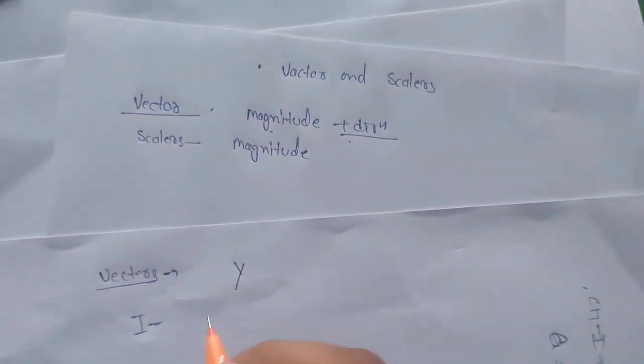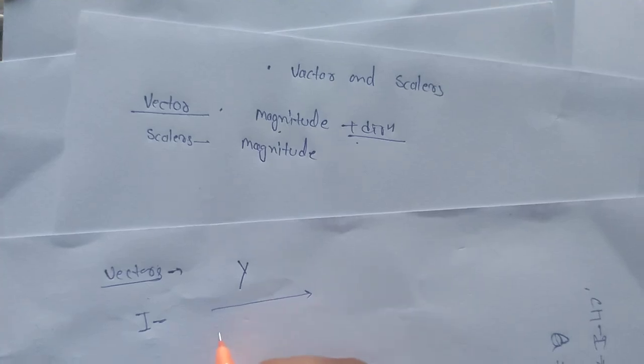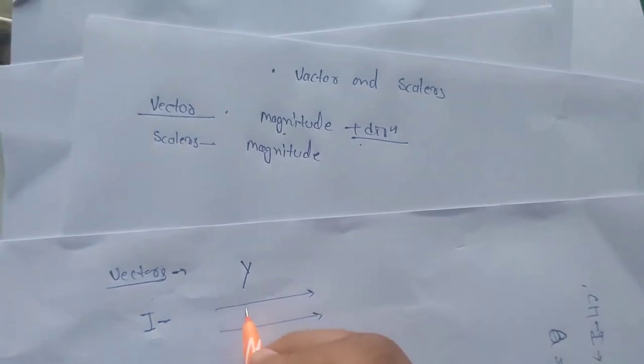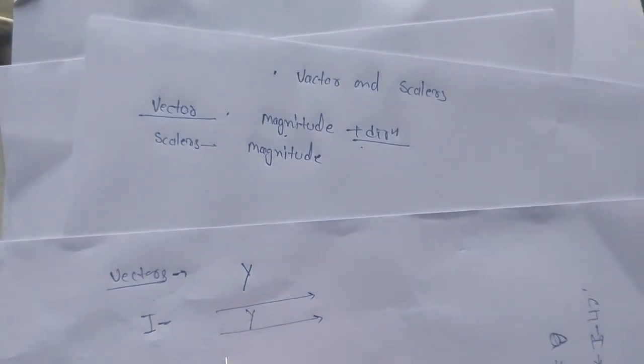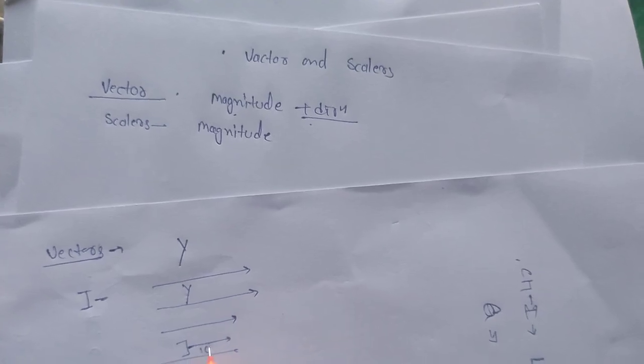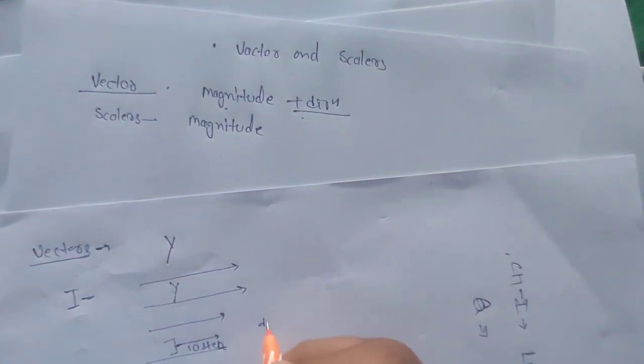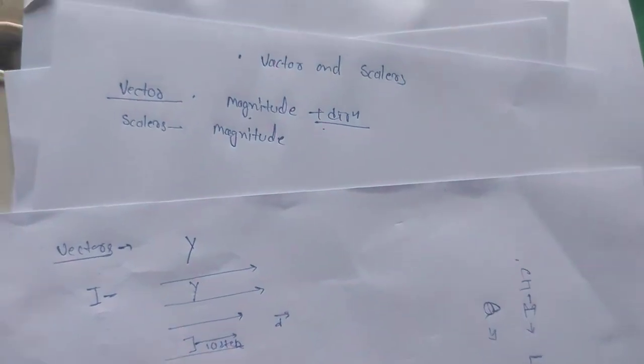For example, you are traveling on the road. Say this is your road, and this is me traveling. Now if I go 10 steps in this direction, what are you saying?